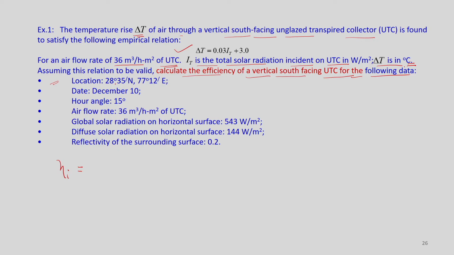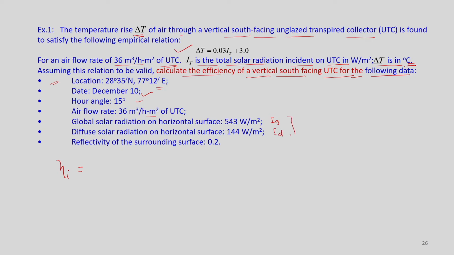The location is given as 28 degree 35 minute north and 77 degree 12 minute east. Okay. And date is December 10, hour angle is given as 15, then air flow rate is given, then global solar radiation Ig is given. Okay. And diffuse radiation is given as Id.